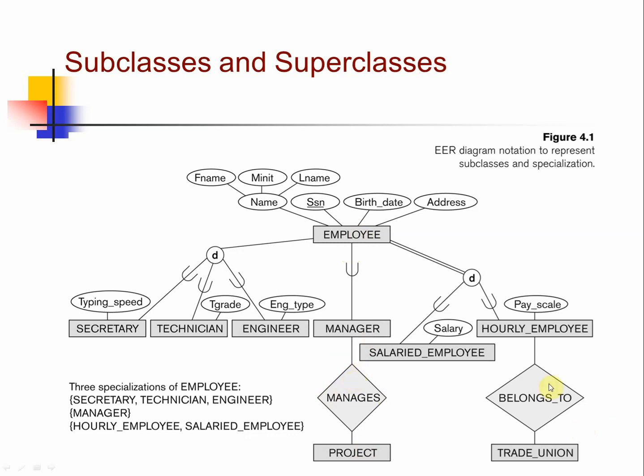It's the same thing: hourly employee is not trade union. They are two different things, so they are connected through the relationship. And that is a very big difference between superclass and subclass, because subclass are entities in the superclass.